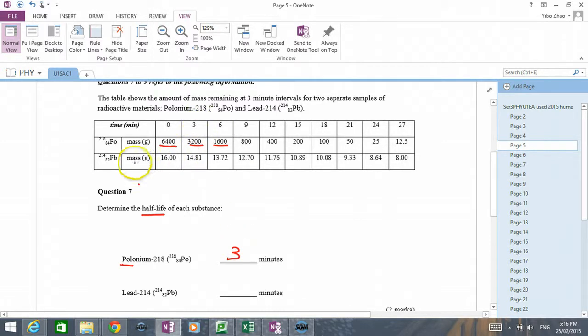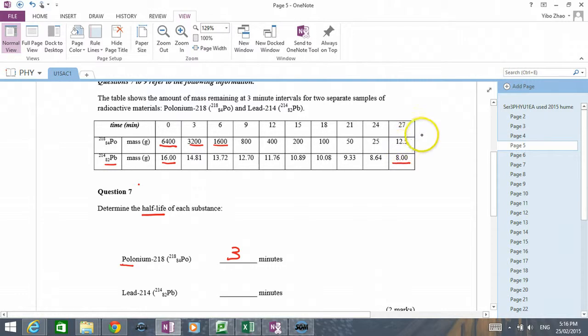Then we look at lead. I start with 16 grams. After 3 minutes, I still have 14 point something. So it goes down, and down, and down until the 27th minute, and it's halved.